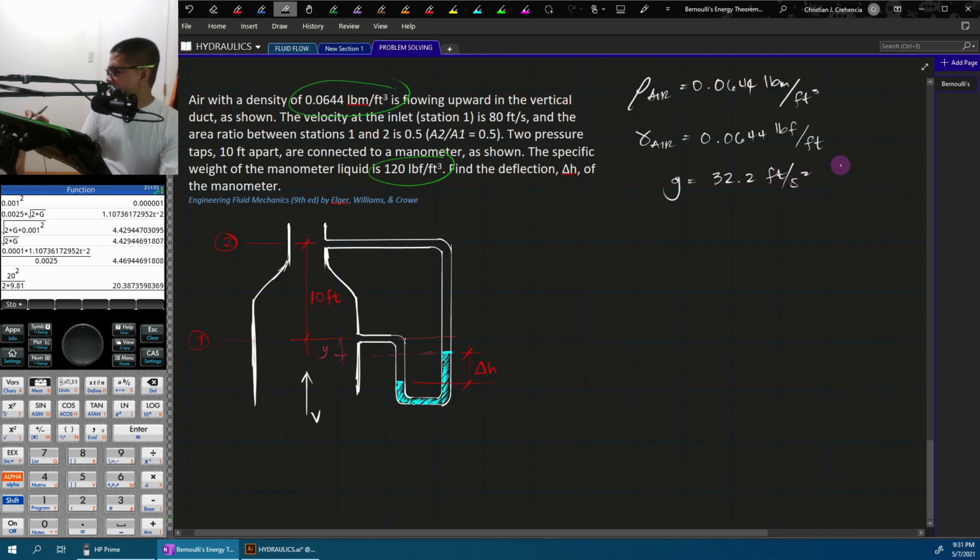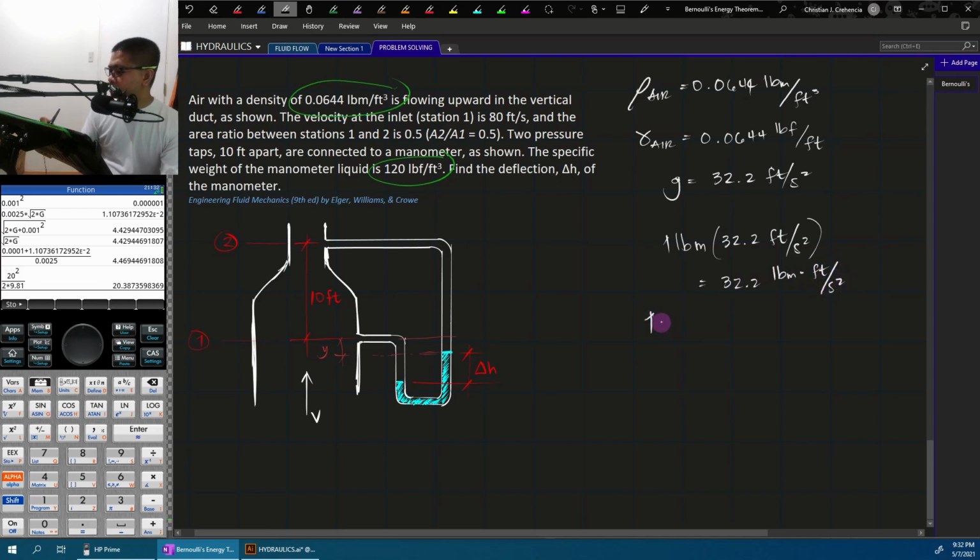So, our conversion from pound mass to pound force is, how do we turn mass into weight? If we have 1 pound mass, to make it weight we need to multiply it by the gravitational acceleration, which is 32.2 feet per second squared. So, this is equal to 32.2 pound mass feet per second squared.